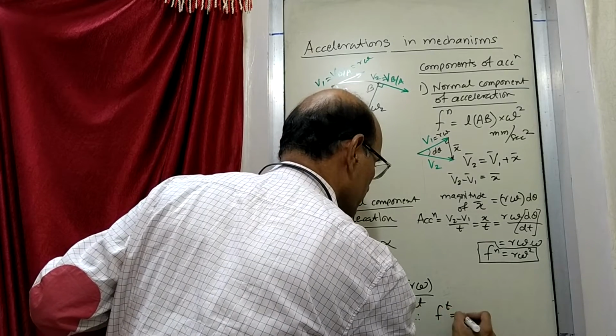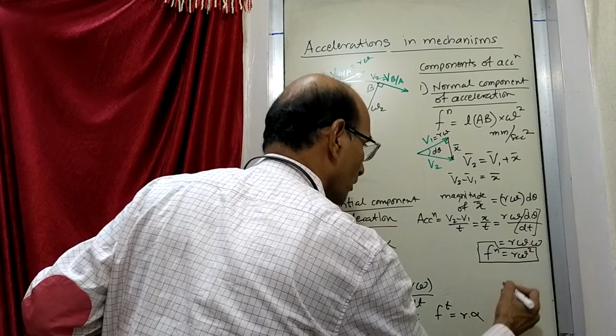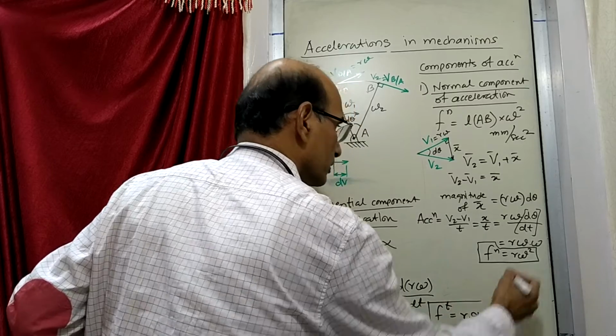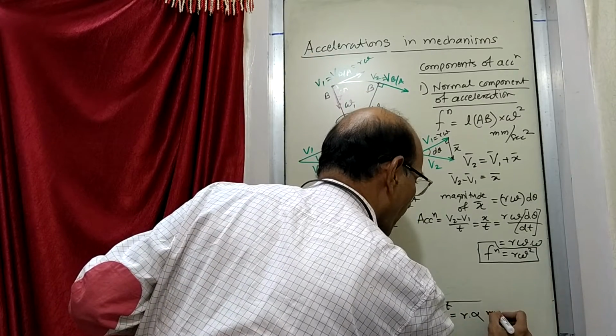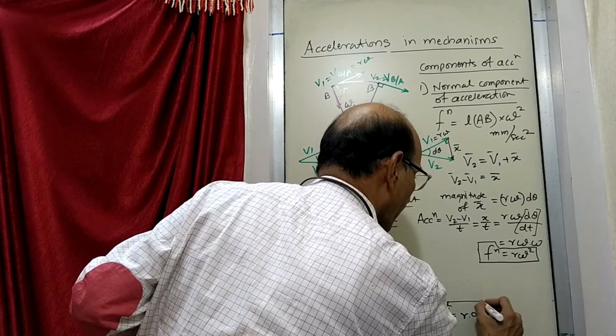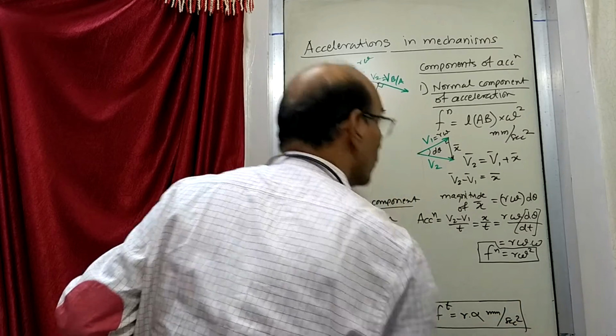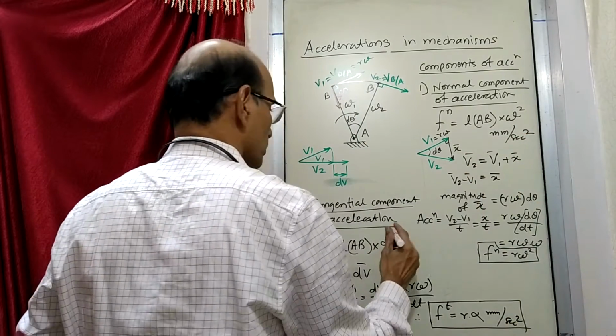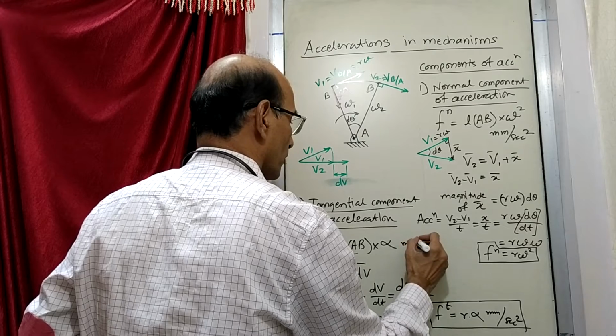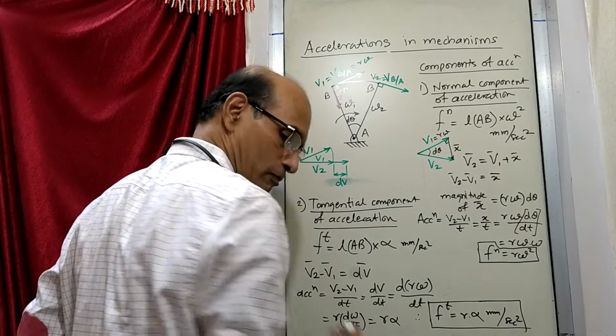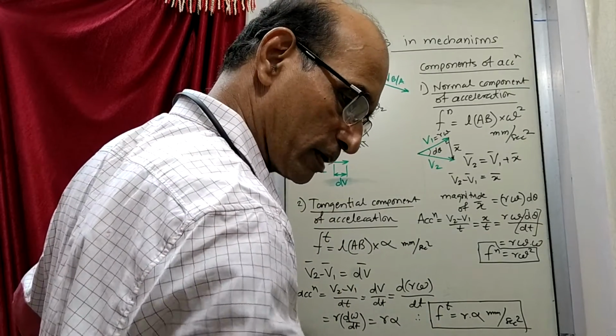Therefore, F tangential is equal to r into alpha, and here also we are adding this in millimeters per second square, this also in millimeters per second square.